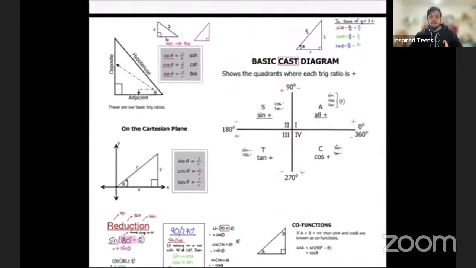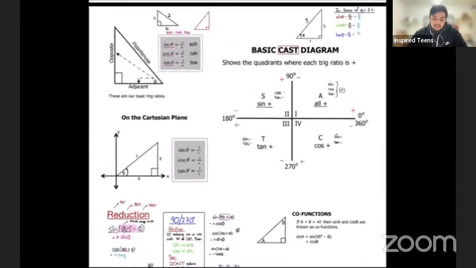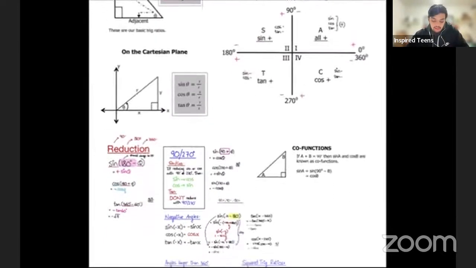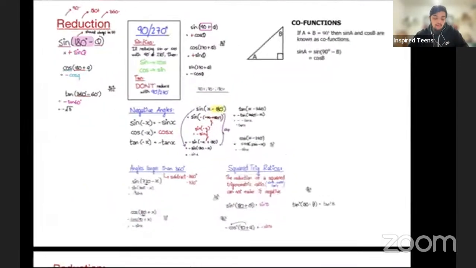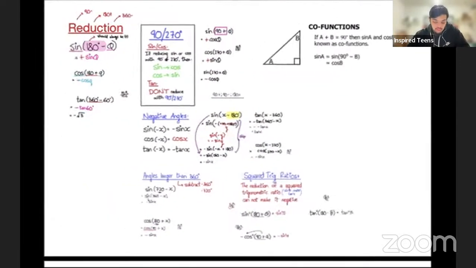Just to recap what we did last week, we went through the basic CAST diagram, understanding which trigonometric ratios are positive in which quadrant on a Cartesian plane, and we did reduction. We did the few rules that are included in the reduction: 90 and 270, negative angles, angles larger than 360, squared trig ratios, and so on.